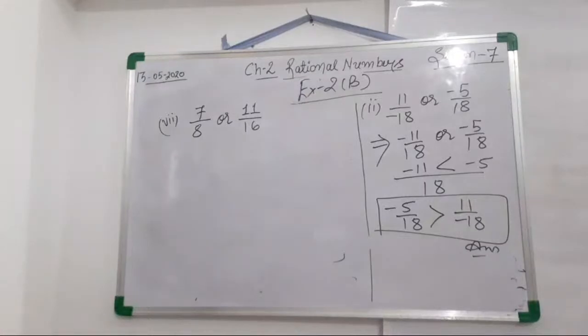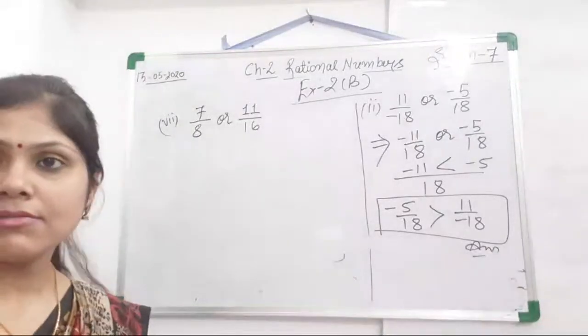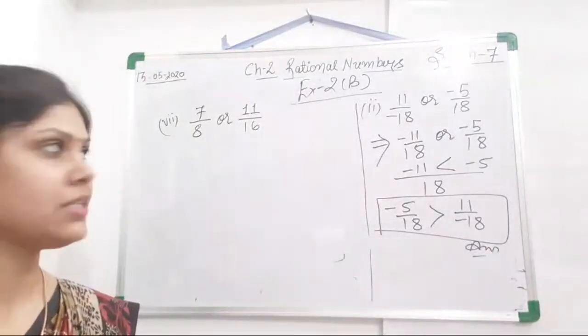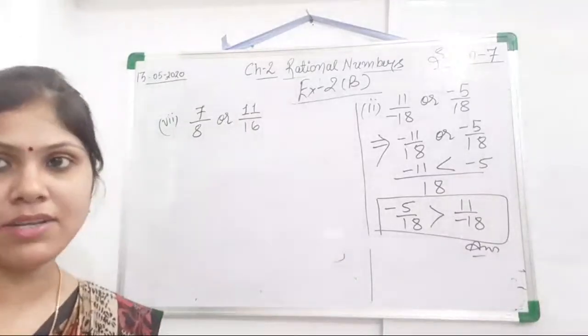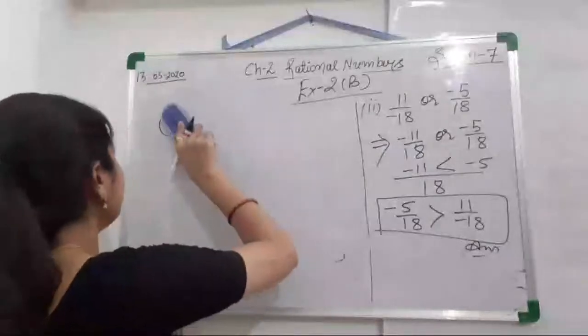This type of question you all can do, because this is just similar to the fraction question. You can simply take out the LCM and see which number is greater. I am doing the negative one question.